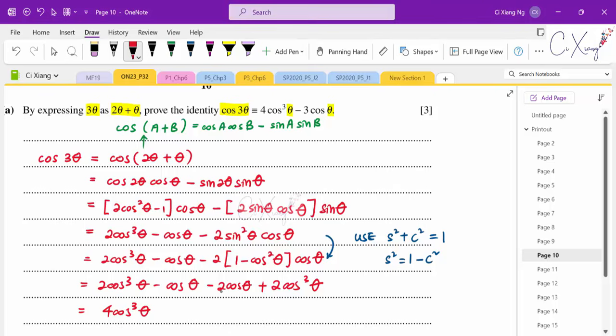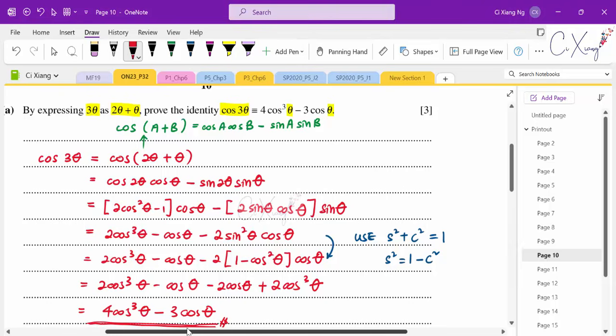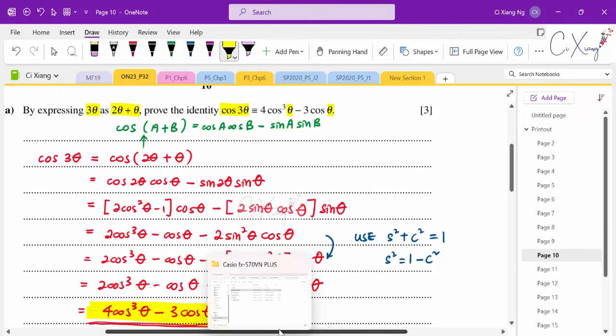Minus cos, minus 2 cos, so you're having negative 3 cos. And you can see here very clearly that you successfully get what they want you to prove. Okay, so this is how we solve part A. Then let's continue to part B.